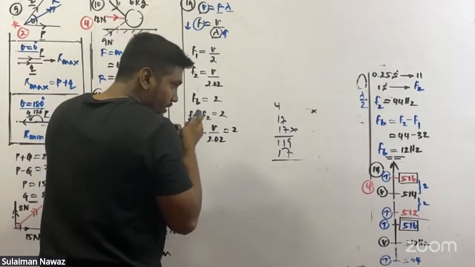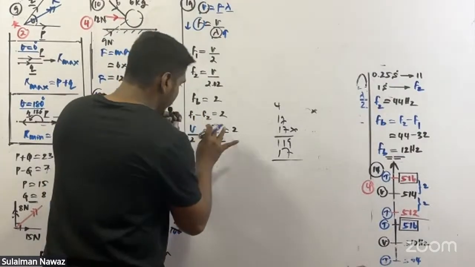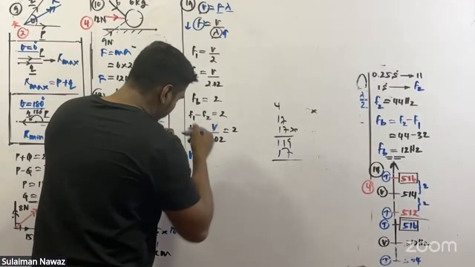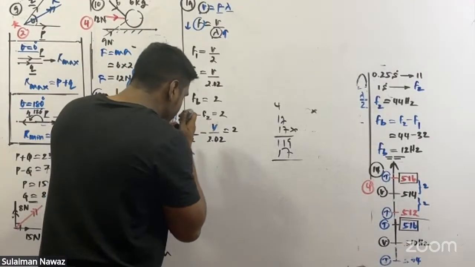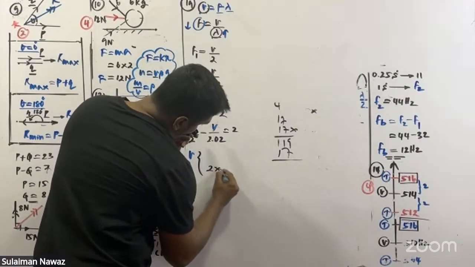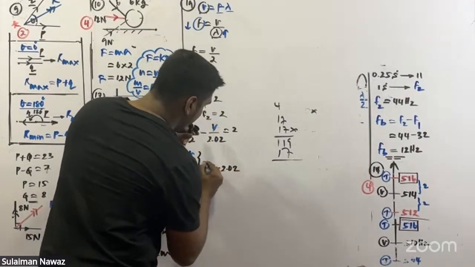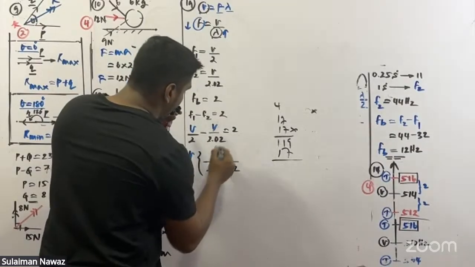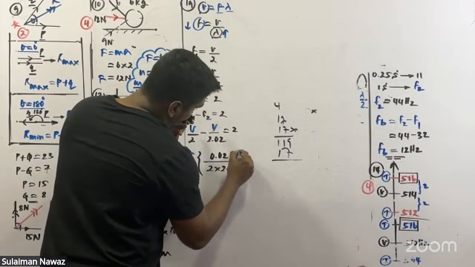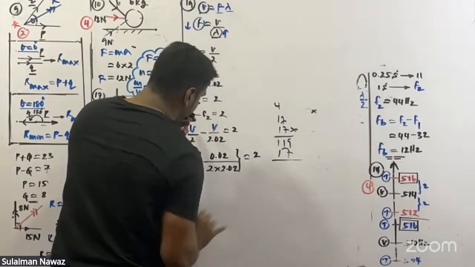Nice question. So when you solve for V, V is going to be 2 into 2.02 over, 2.02 minus 2 means 0.02, must be equal to 2.